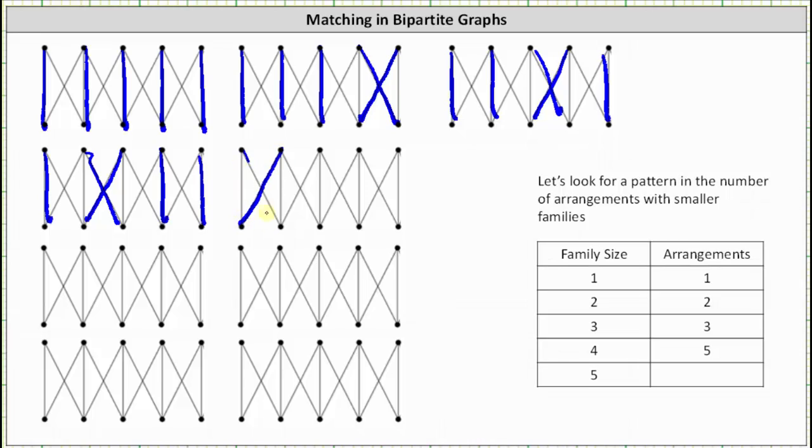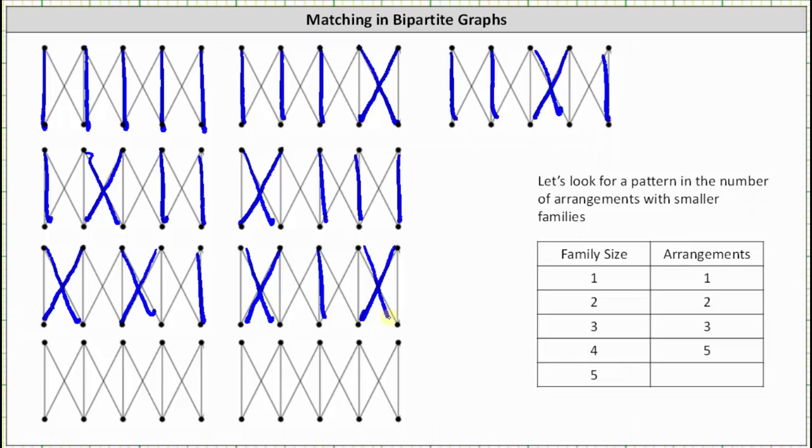We have x, I, I, I. And now let's try using two x's. We have x, I, x. We can have x, x, I. Or we can have I, x, x. And now we're done. There are no other arrangements. We have a total of 1, 2, 3, 4, 5, 6, 7, 8.